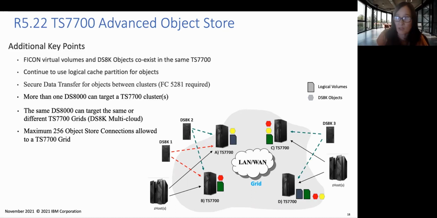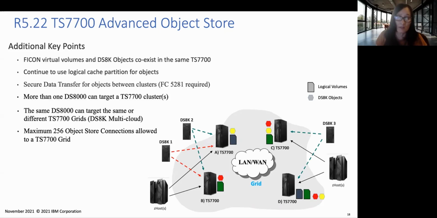This is the same data that's already being stored in your 7700 as logical tape volumes, so why not just store it as objects? That's really what we're doing here: using the same hardware you have on the floor without a big, expensive additional piece of hardware, and putting it in the same place. You already have security around that system, and you already have it on the floor, etc.